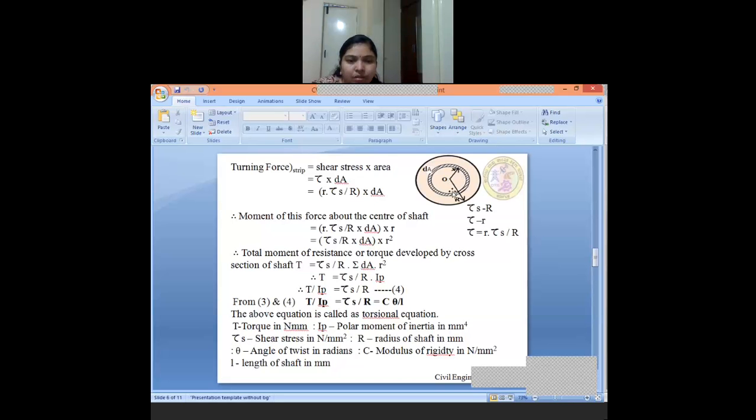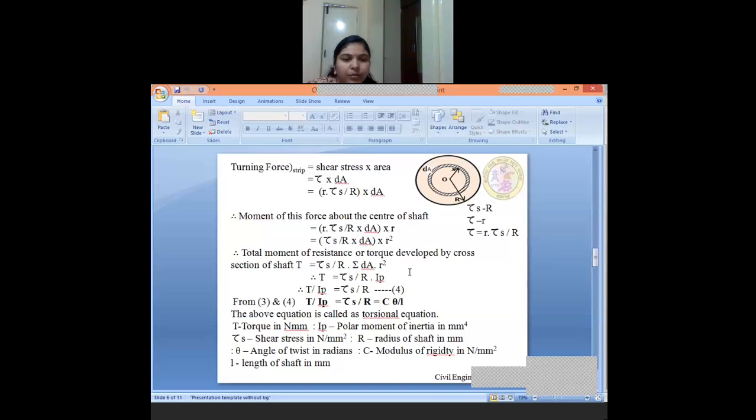That is the force into the perpendicular distance. Therefore, the total moment of resistance, or torque developed by the cross section of the shaft, T, is tau S by R into the summation of dA into r square.